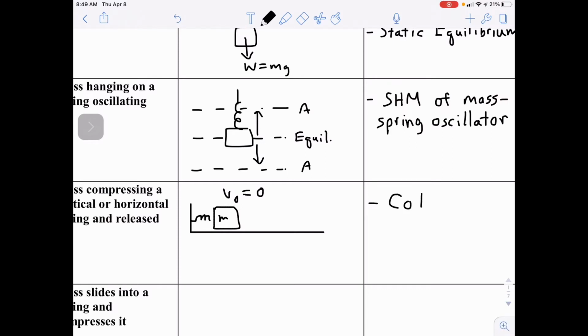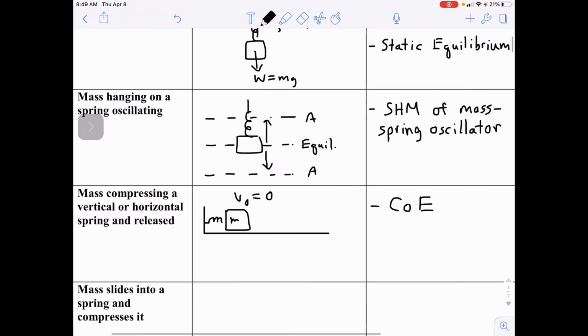Conservation of energy, COE, abbreviated, would be the concept that we can link to this particular scenario. And conservation of energy is noticed and identified when you can observe two potential changes in energy.